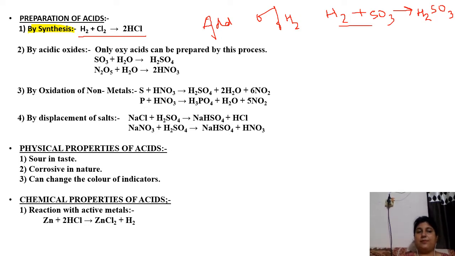So the acids are prepared by the direct addition of hydrogen gas along with the radicals or gases. This method is known as direct synthesis.